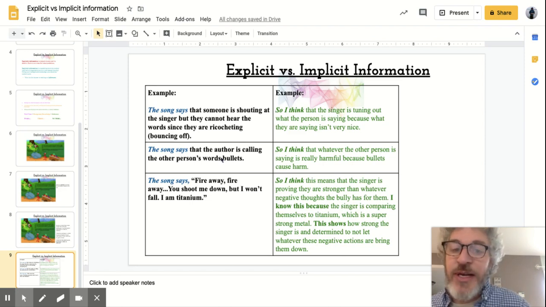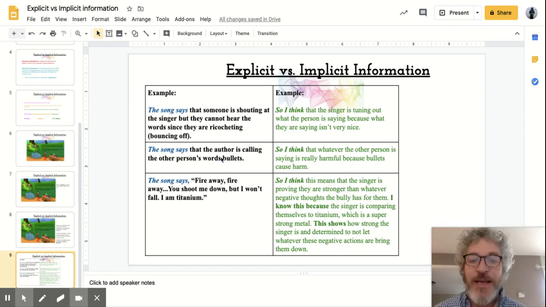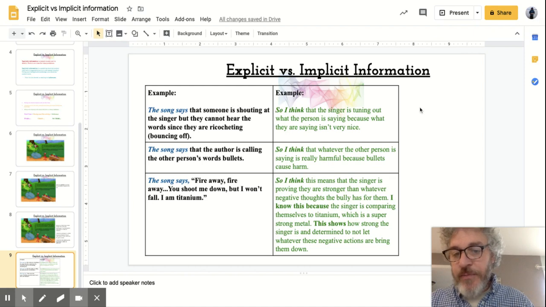Okay, now we're going to take a look at explicit versus implicit information in the song that we are using for our Reader's Workshop this week, called Titanium. When you look at the lyrics, you will notice that somebody is shouting at the person who's singing, but they cannot hear the words because they are ricocheting or bouncing off.